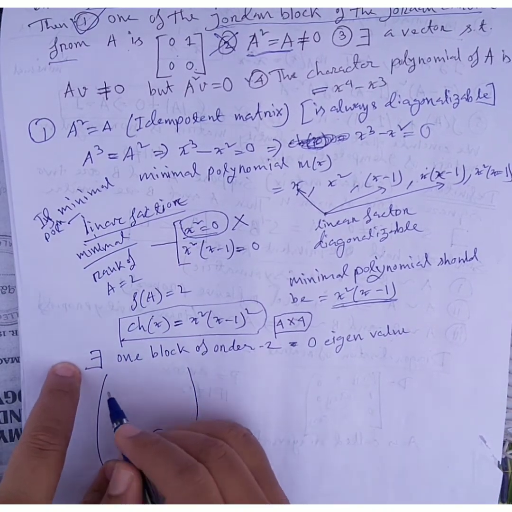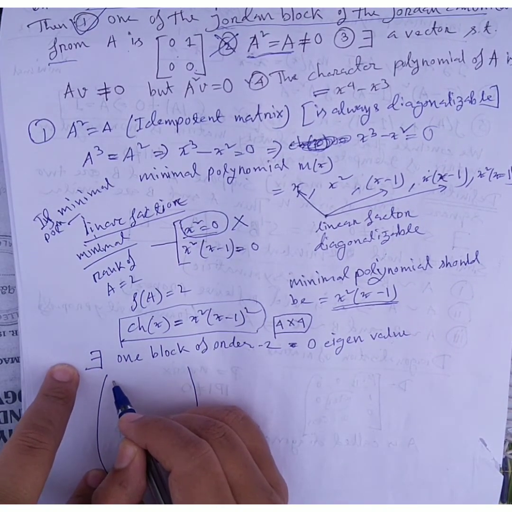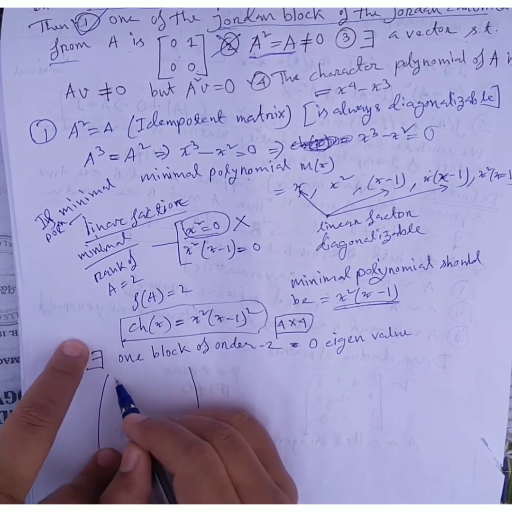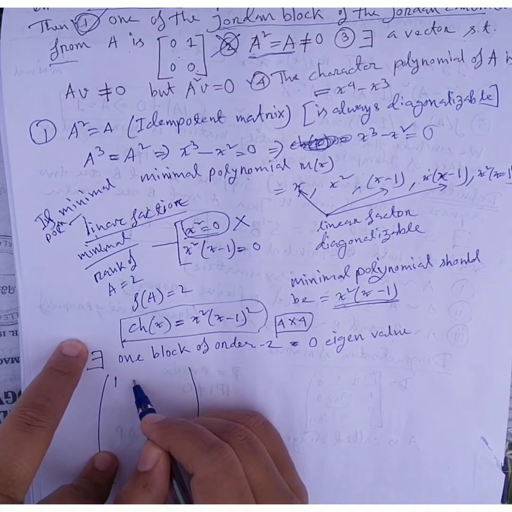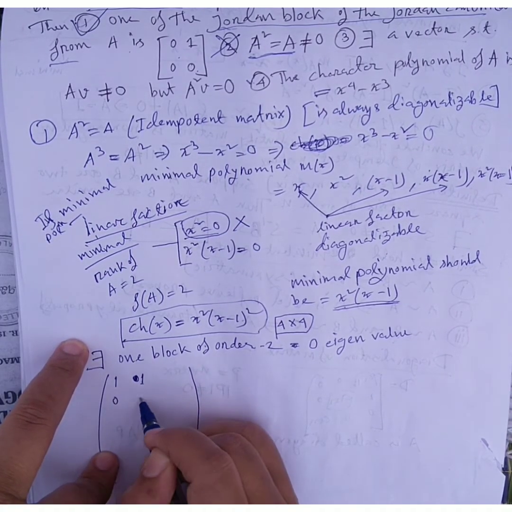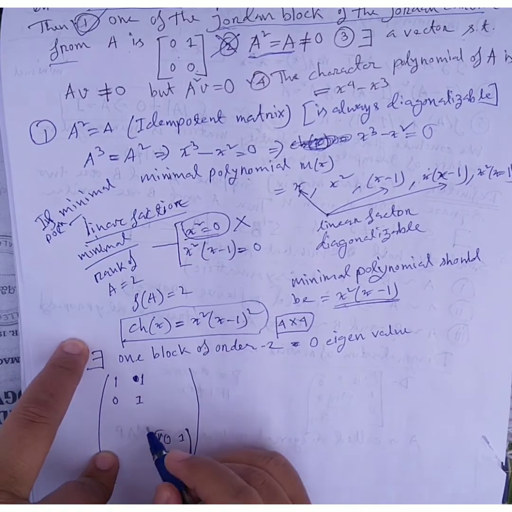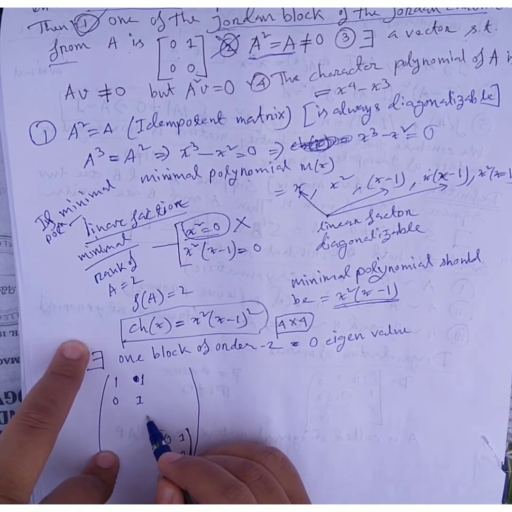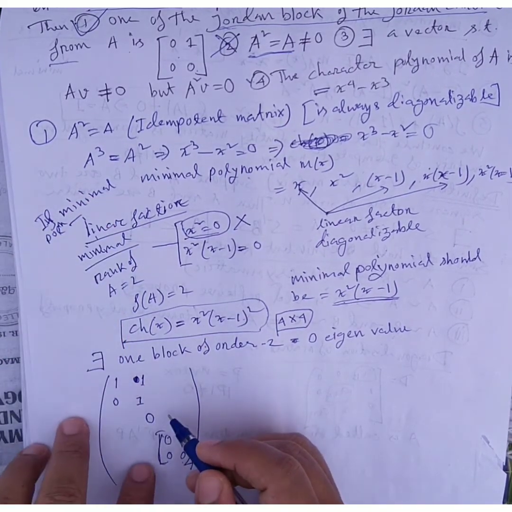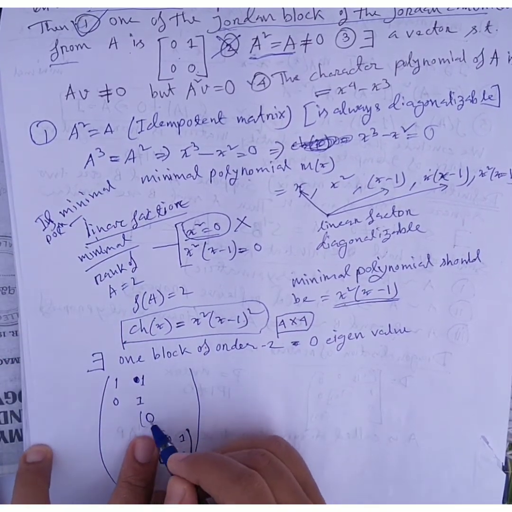So the possible Jordan block, I write: if the characteristic equation is x square into x minus 1 whole square, then it should be 1 1 0 1, and another part is 0. My Jordan block will be this.